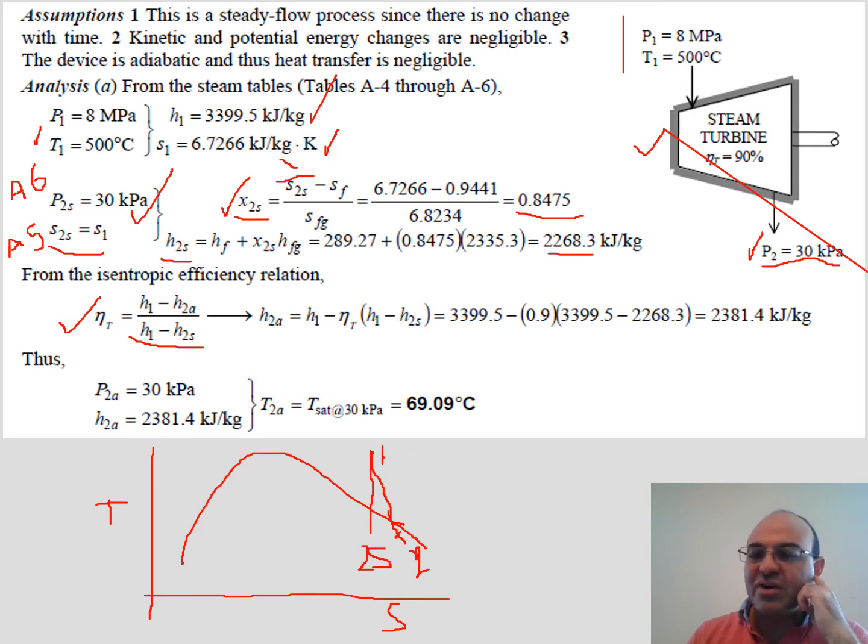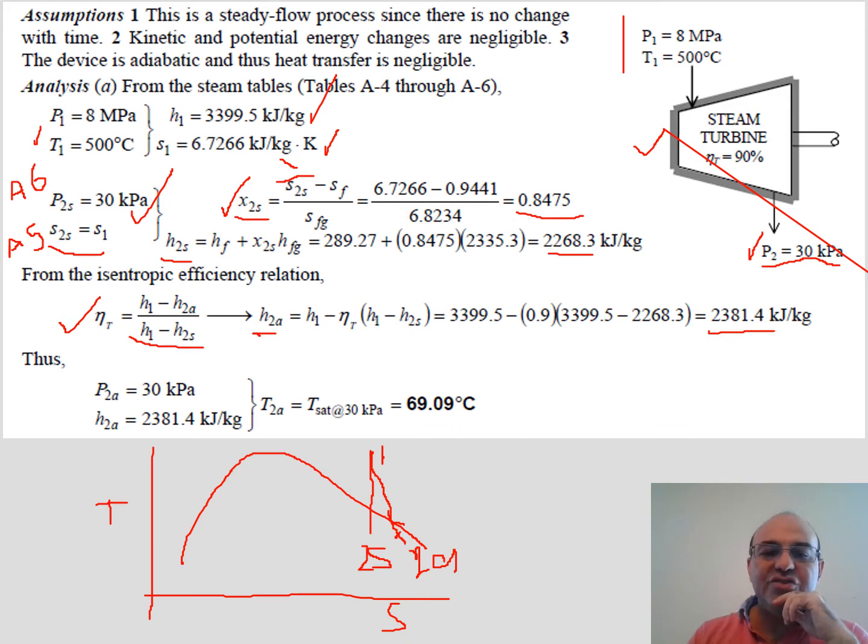A means actual, S means isentropic. Based on this you can find H2A, which is the enthalpy of this actual point 2. Let me call this point 2A. So H2A can be found based on this equation.